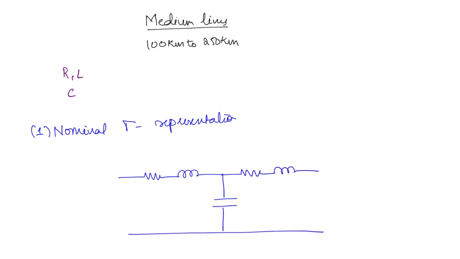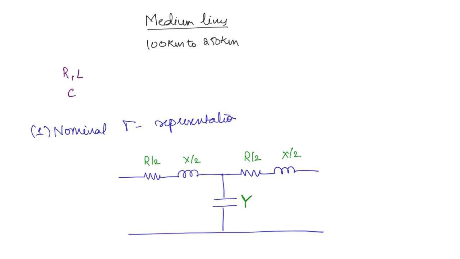Okay, so here this value is R by 2, this is X by 2, R by 2, X by 2, and this is the capacitance whose admittance we will take as Y. Okay, so we will discuss in terms of admittance only.